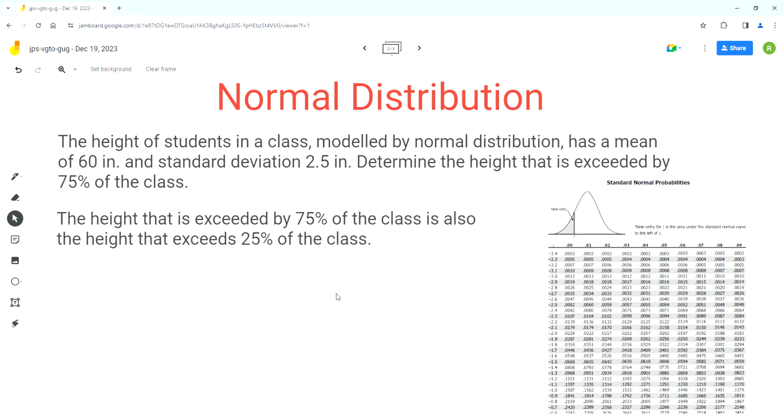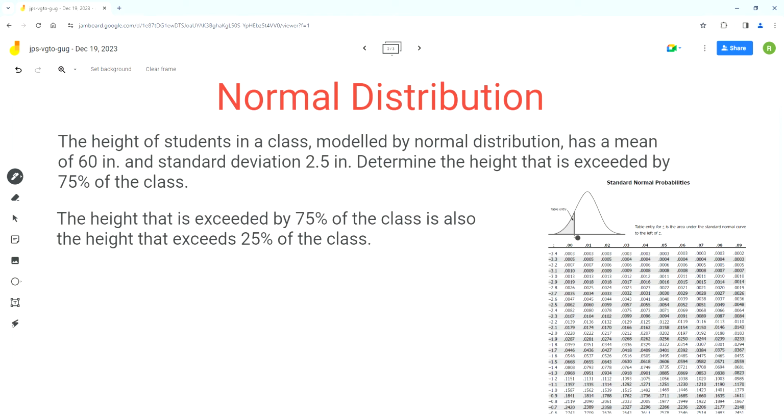Now this is a very important concept because the z-score table gives us the probability or area under the curve to the left side of the value we are analyzing. Since we are given that the height is exceeded by 75% of the class, that 75% represents the area under the curve to the right side of the height we want to find.